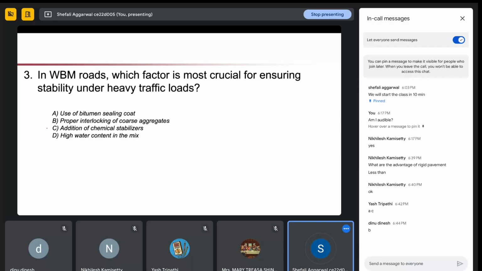B. Correct. As in the previous question itself, we saw that we are not using bitumen in WBM road, and also we won't use any chemical stabilizer, and since we are just using aggregate, there won't be any water content in the mix. So B is the correct answer.